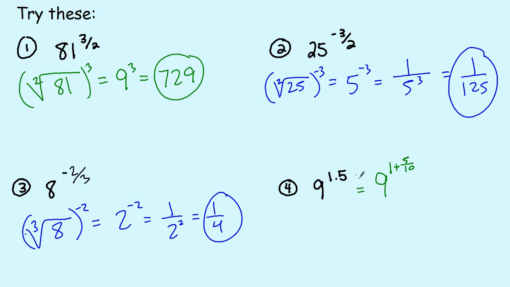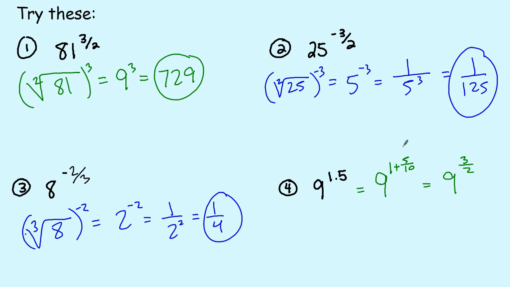So whatever the number is after the decimal over whatever place value it's at. So it's a 5 and it's in the 10th place. If it was 51, that's the 100th place, so it would be 51 out of 100. Okay, but it's not. So let's go back to this. So 1 and 5/10 or 1 and a half, that's just 3/2.